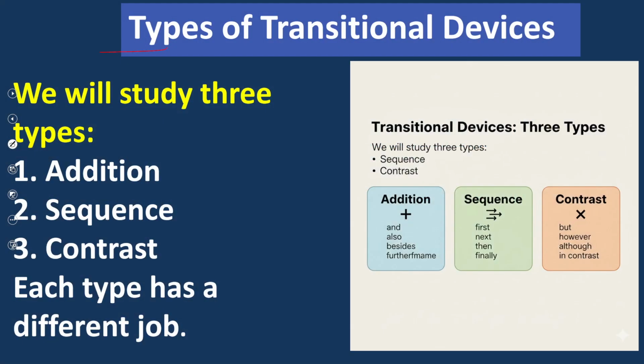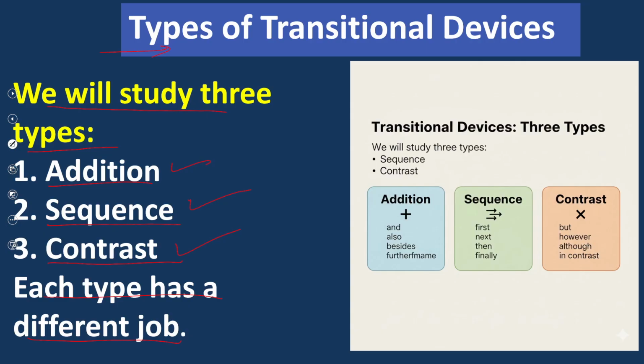Types of transitional devices. We will study three types of transitional devices. First one is addition, second one is sequence, third one is contrast. Each type has a different job. It means that at our grade level, our SLO is also talking about just three types: addition, sequence, and contrast.